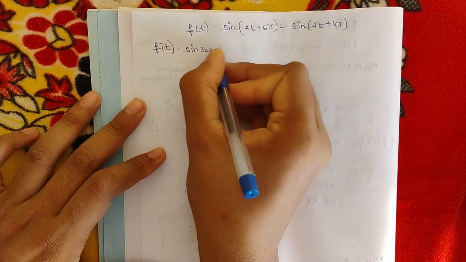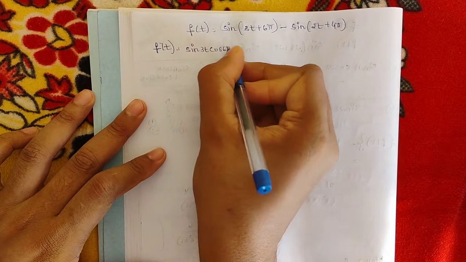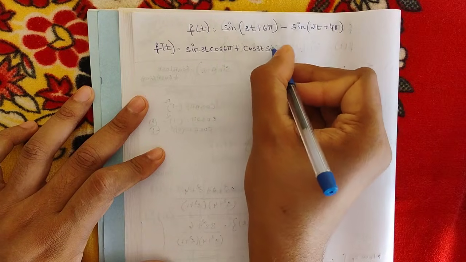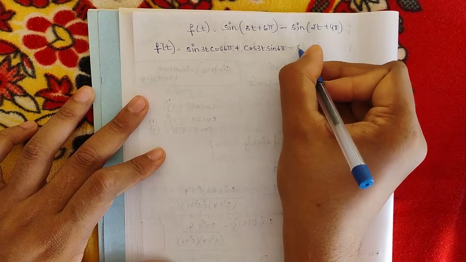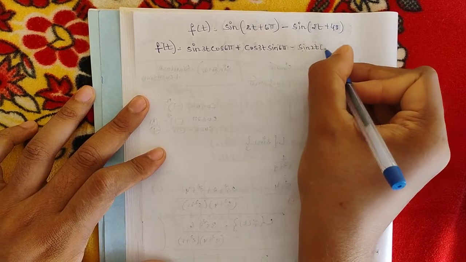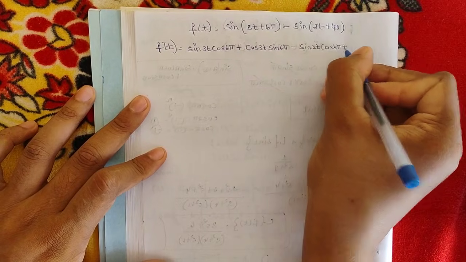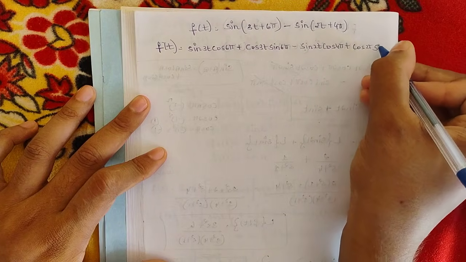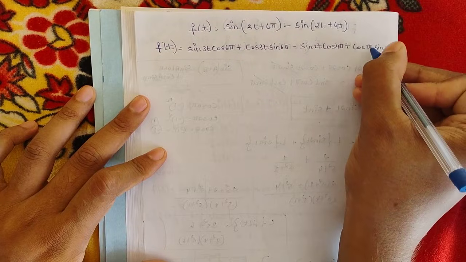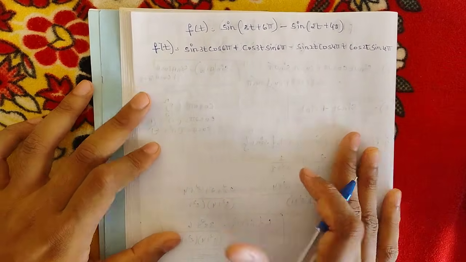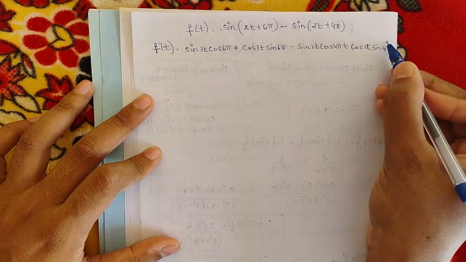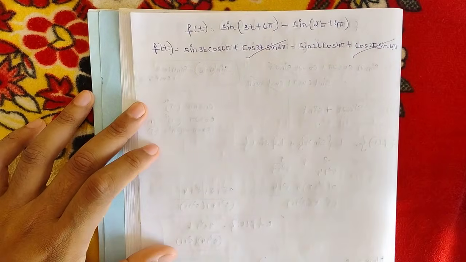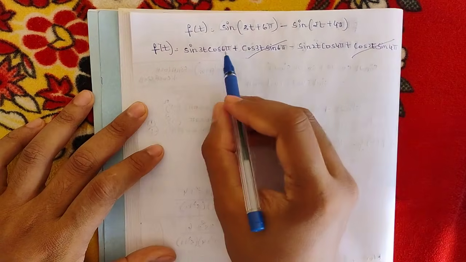That is sin 3t cos 6 pi plus cos 3t sin 6 pi minus sin 2t cos 4 pi plus cos 2t sin 4 pi. Sin 4 pi is 0, so this whole term goes. Sin 6 pi is also 0, so this whole term goes. So here we have cos 4 pi and cos 6 pi.